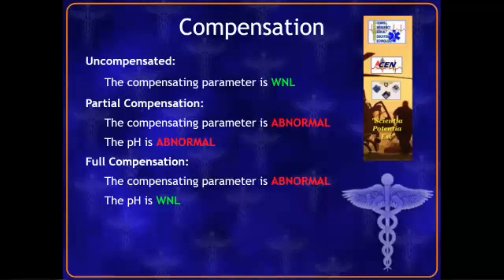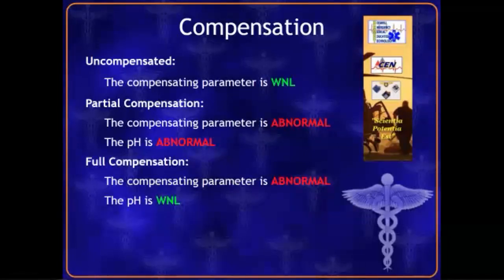So when I say the compensating parameter or the compensating system, what I mean is the system that's not the problem, okay? So when we're in an uncompensated state, let's say we're in a metabolic acidosis, the compensating parameter would be the respiratory, and respiratory means I'm looking at the CO2. If I'm uncompensated, that CO2 will still be normal, okay?